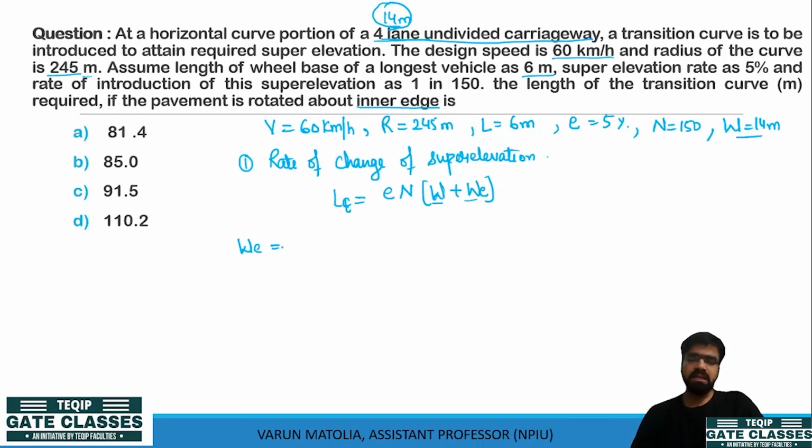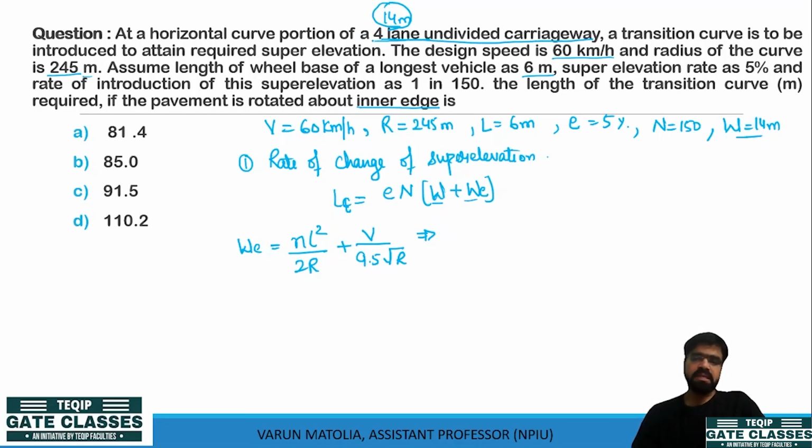So we know that mechanical extra widening is n L square by R, plus the psychological extra widening is V divided by 9.5 root R. This we have already discussed in our conceptual lectures. Now let us put the values and calculate the answer.